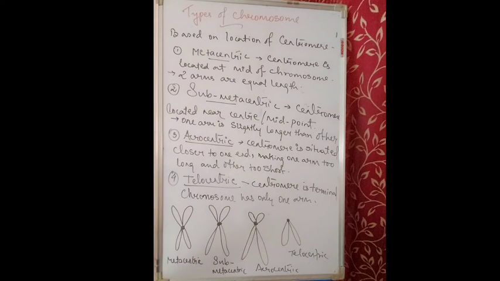And last is telocentric. Here the centromere is terminal and the chromosome has one arm only, one chromatid only. So in telocentric, the centromere is located at the terminal point. So this is all about the types of chromosomes based on the position of the centromere.